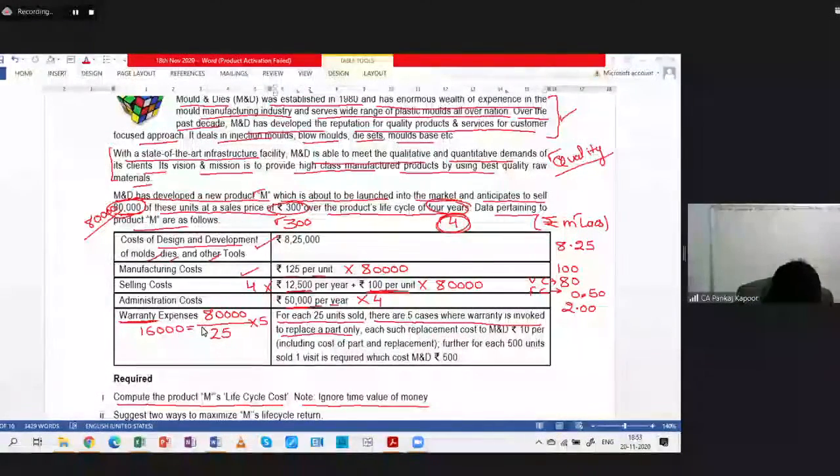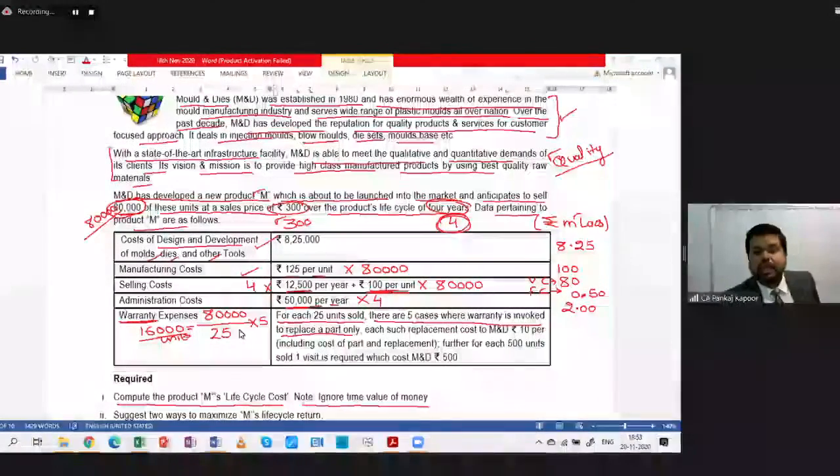Yes, absolutely fine. Good. Is it clear to everyone? How many units come for the warranty? 16,000 units will invoke the warranty. How do we compute it? If 5 units against 25, against 80,000, there will be 16,000 units.